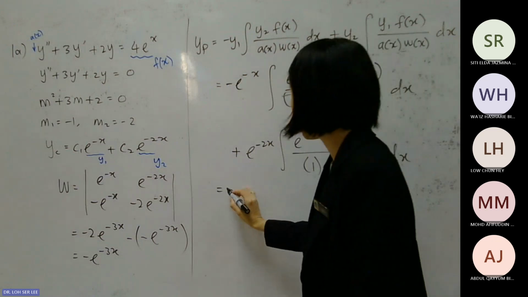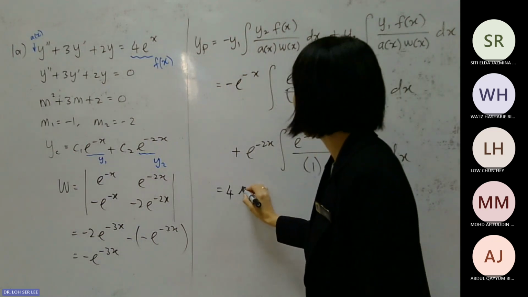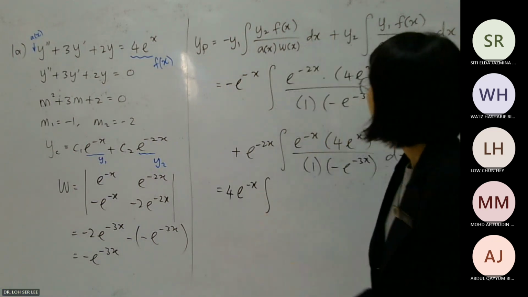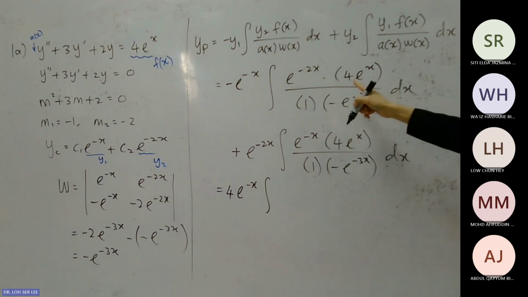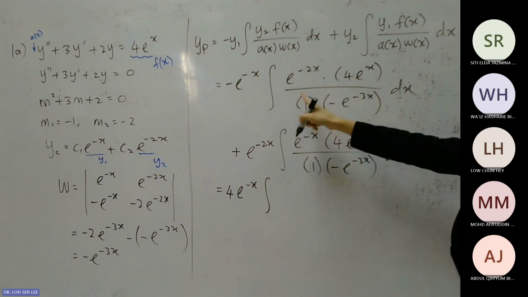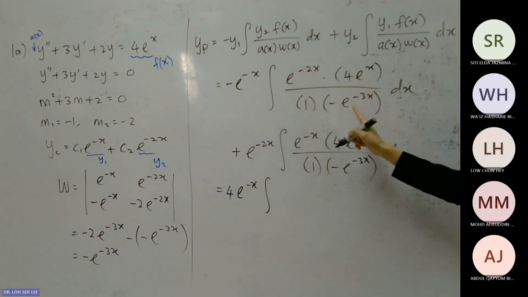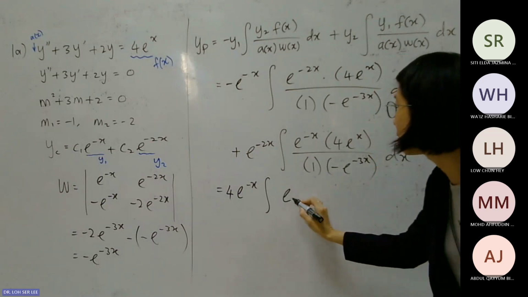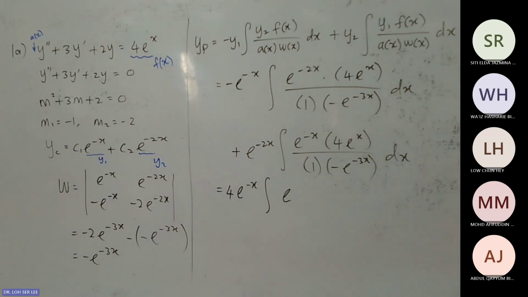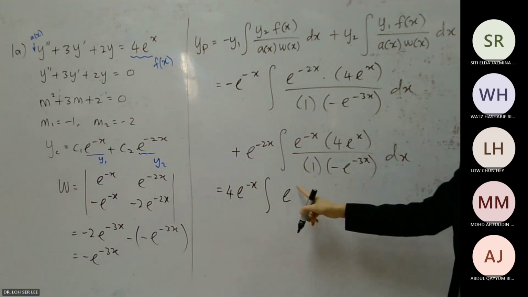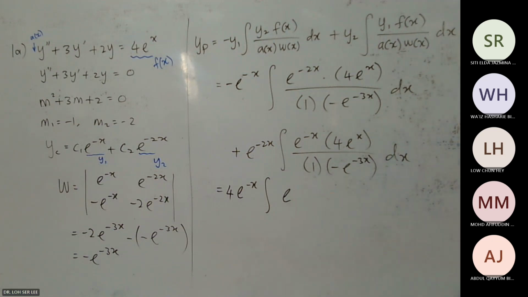Factorize. So negative, negative, you get a positive 4 e^(-x). Now after you factorize the 4 and negative, you have e times e times e, combined into 1. What is the new power of the combined exponential function?